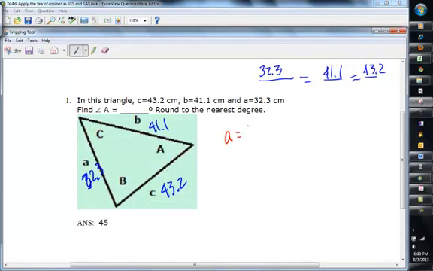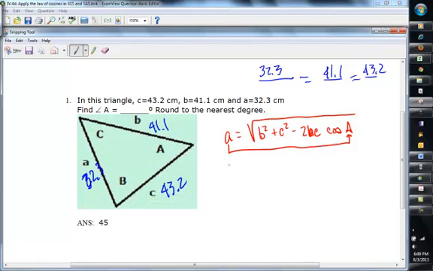A equals the square root of B squared plus C squared minus 2BC cosine A. Now the way the law of cosines works is that you can always tell what part you're looking for because these two letters are going to match. And then you add the other two.